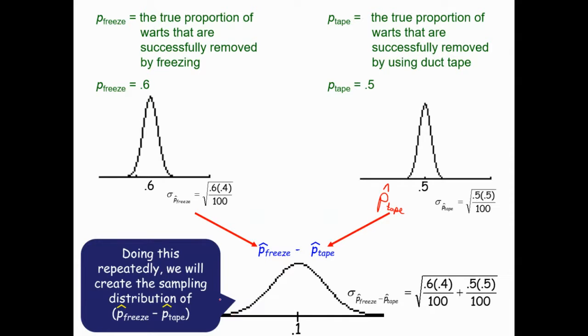So where did this 0.1 come from? Well, we just did 0.6 minus 0.5. That got us 0.1. And then our standard deviation is the square root of the sum of both variances.